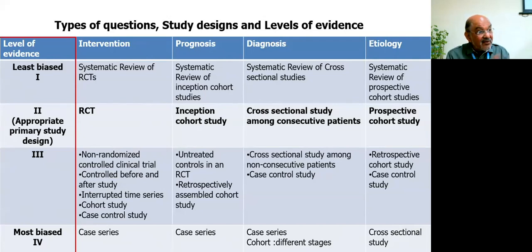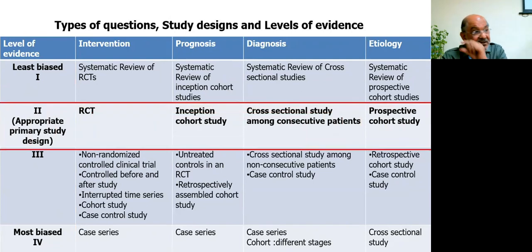The person who got better with whatever you gave them is happy. But if you want to use that as a generalizable thing, then you need to be more sure that you're not biased. Right? So as you go up the hierarchy in terms of least bias, you'll find that for every question, there is an appropriate primary study design. And for intervention, there is a randomized controlled trial, if practical and ethical to do.